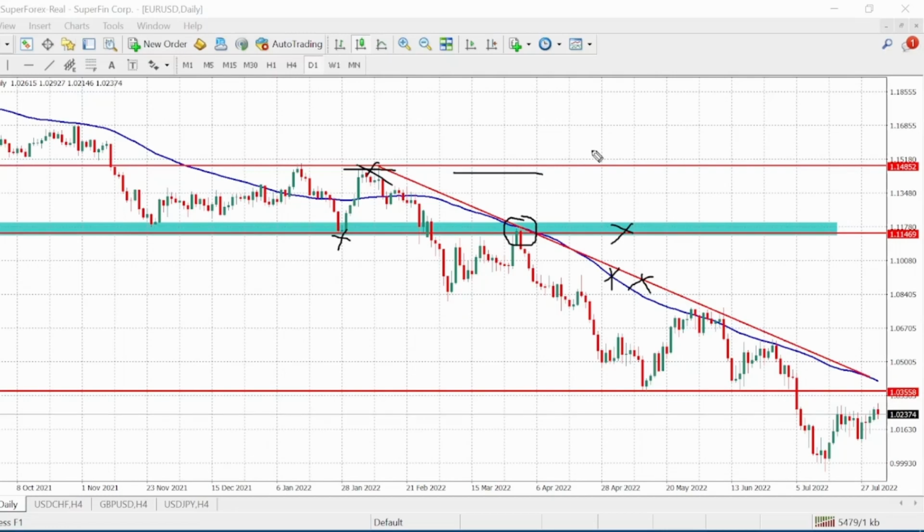If we are going to use the 50 EMA, we wait for the market to touch the 50 EMA, like here. This is our entry trigger. Then wait for the market to touch the 50 EMA here. This would be our take profit here.